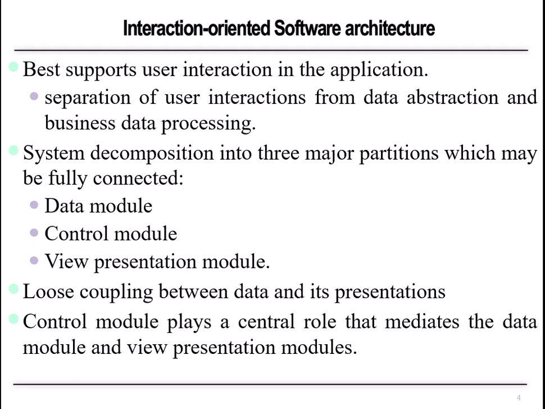It shows the system decomposition into three major partitions which may be fully connected: the data module, the control module, and the view presentation module. Loose coupling between data and presentation.